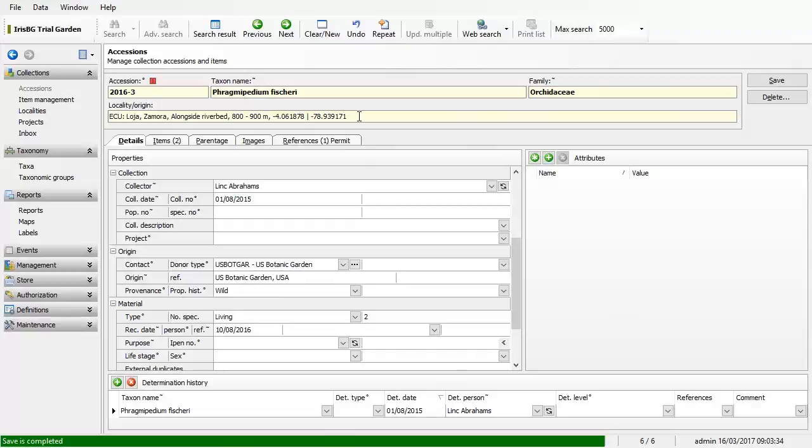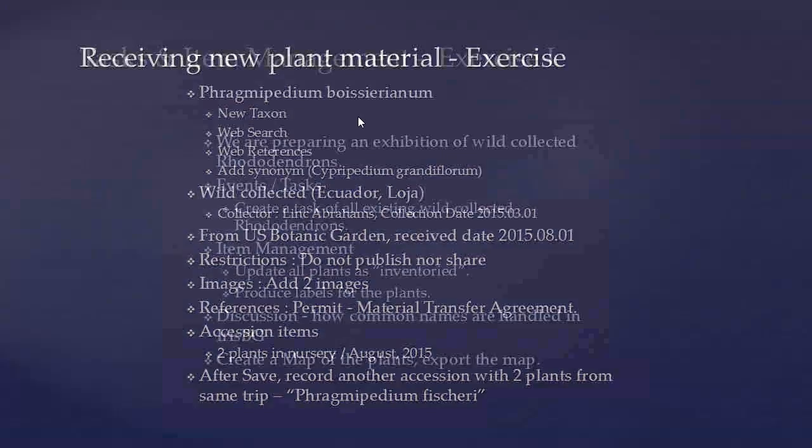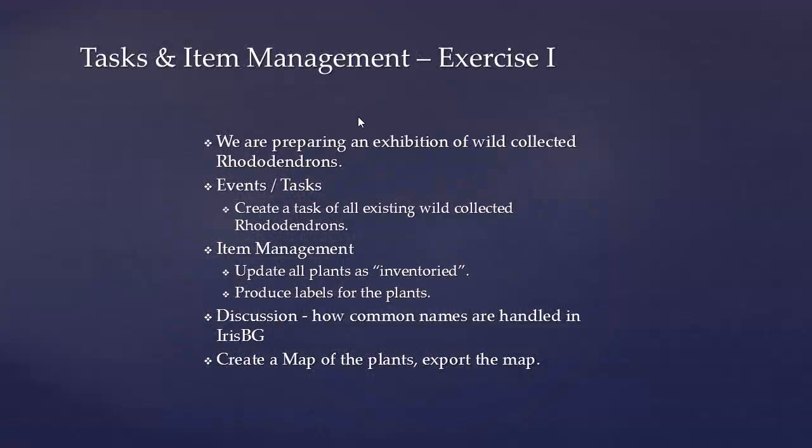Okay, let's go back. So that was recording quite a complicated story here with lots of information. Now we're going to do something completely different. We're going to go and look at tasks and item management.